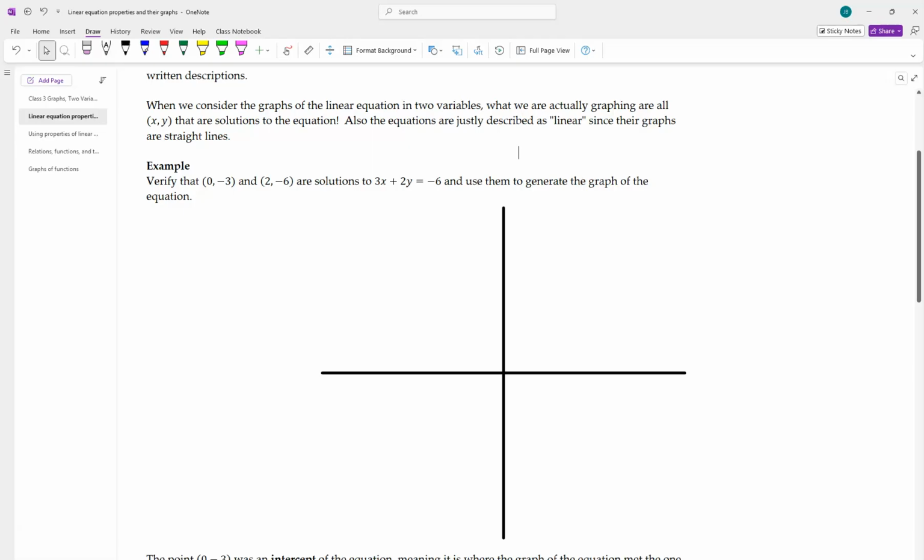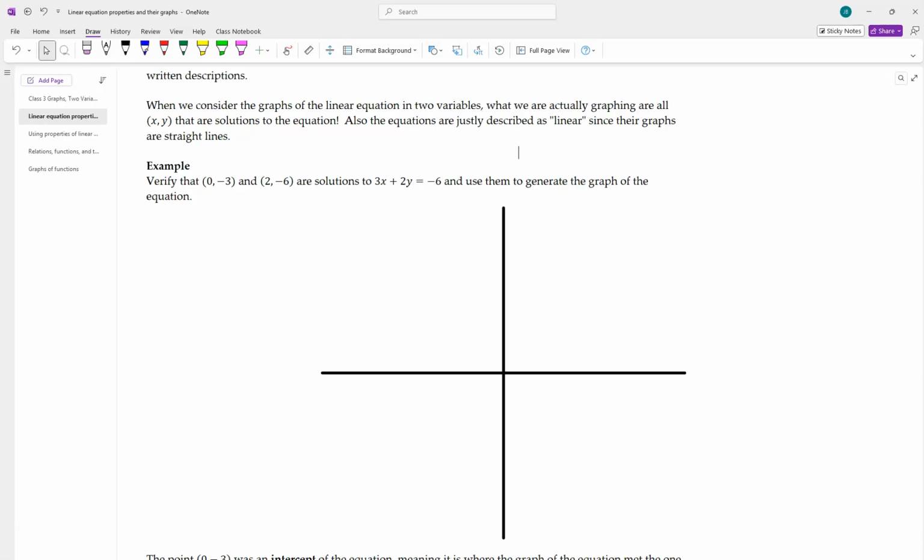When we look at the graph, for instance, because we're focusing on graphs primarily in this video segment, we recognize that a linear equation is called linear because the graph is a line, and that line, when we graph it, contains all solutions to the equation.